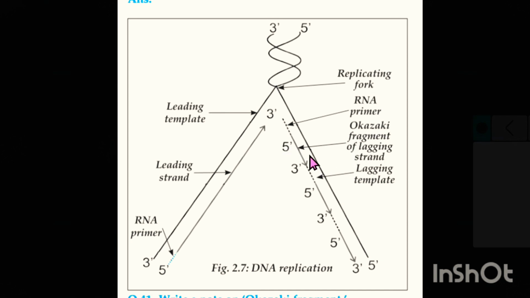These are the smaller Okazaki fragments which grow on the lagging strand, 5' to 3', 5' to 3'. These are the lagging strands. The small pieces are the Okazaki fragments, and this is the replicating fork. We'll see here, this is an inverted Y shape, this is the origin point, and this is the RNA primer.